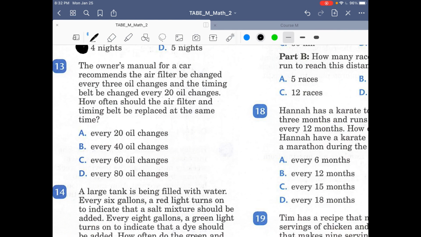The owner's manual for a car recommends the air filter be changed every 3 oil changes and the timing belt be changed every 20 oil changes. How often should the air filter and the timing belt be replaced at the same time?